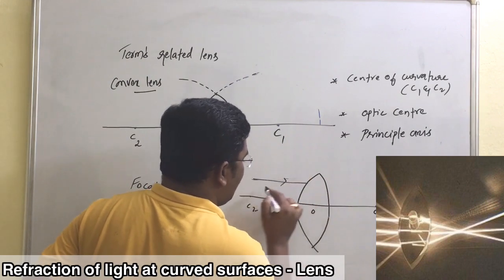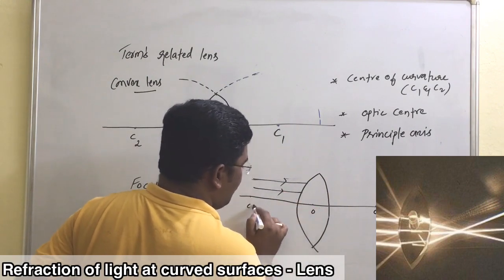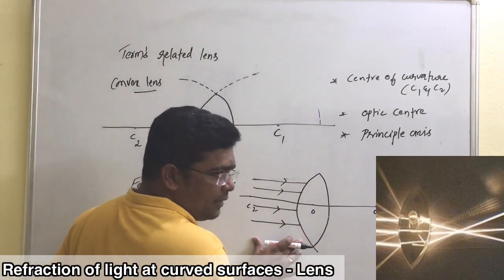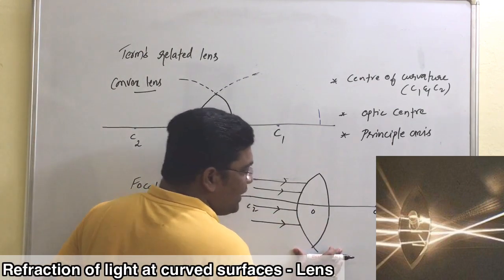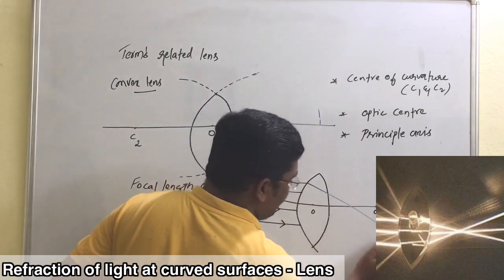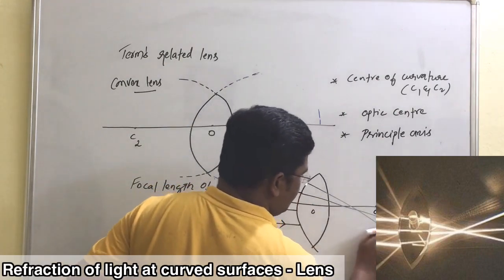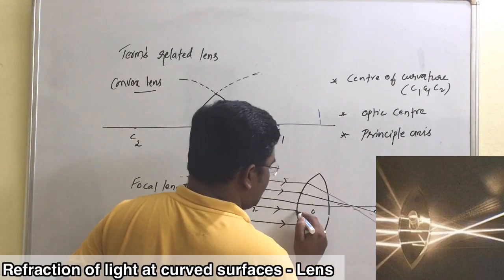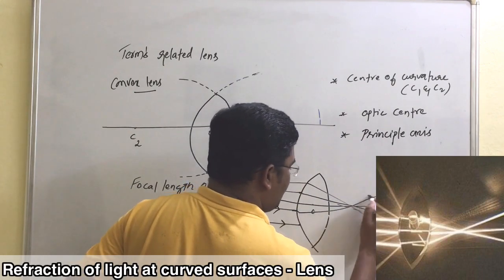When parallel rays of light are incident on a lens, this is how they refract.